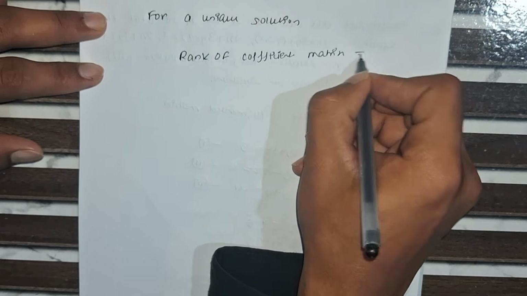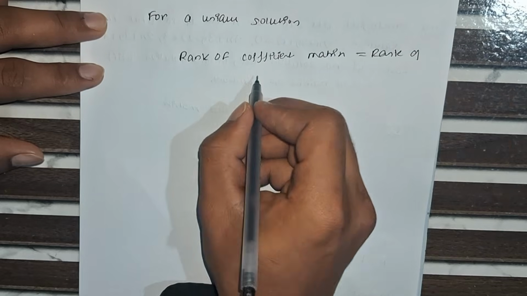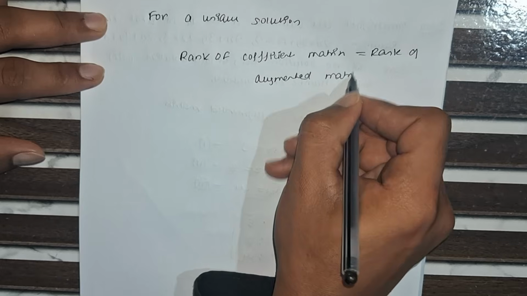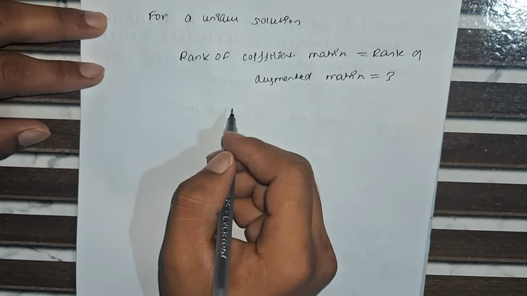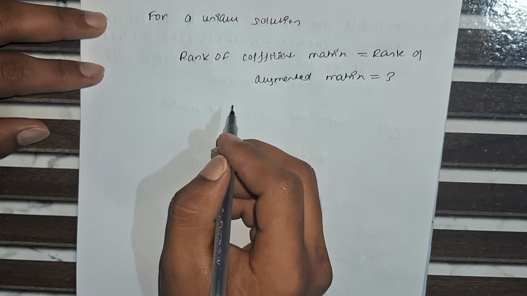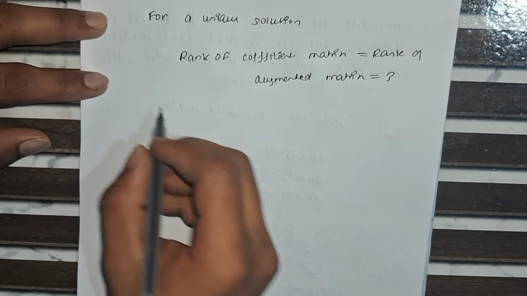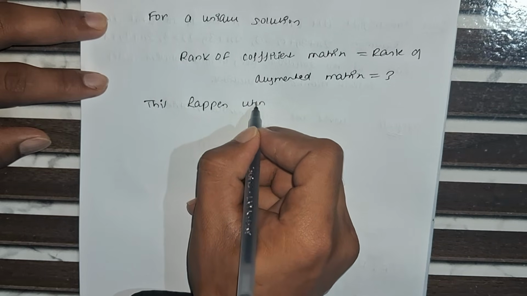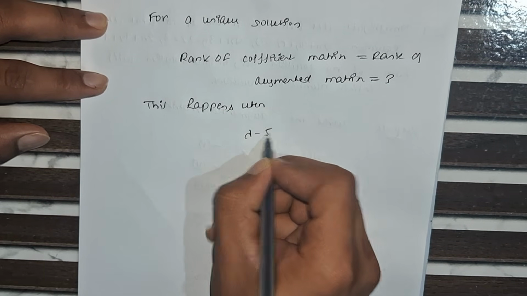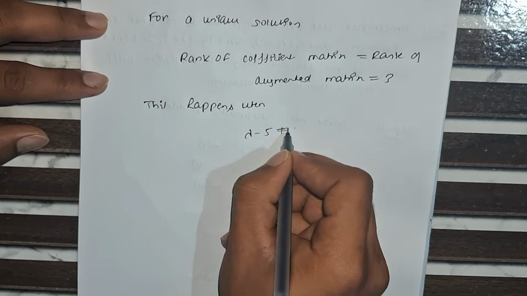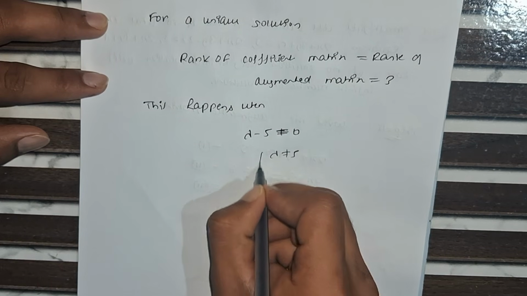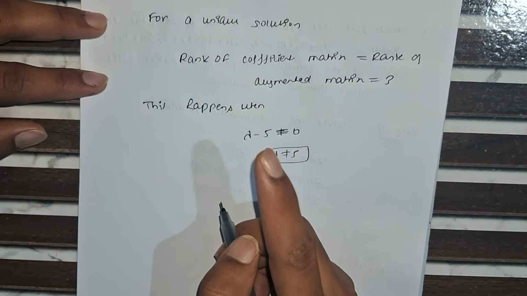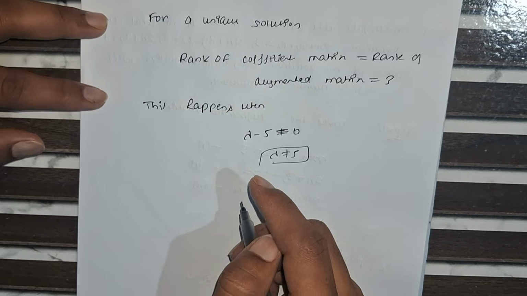This happens when lambda minus 5 is not equal to 0, that is, lambda is not equal to 5. The value of mu can be anything.